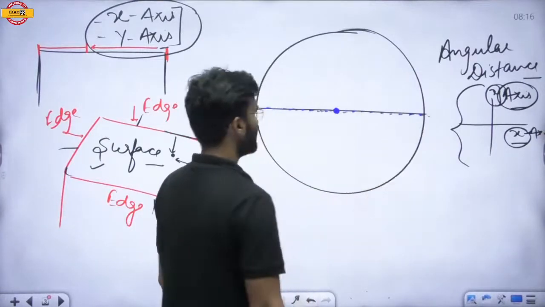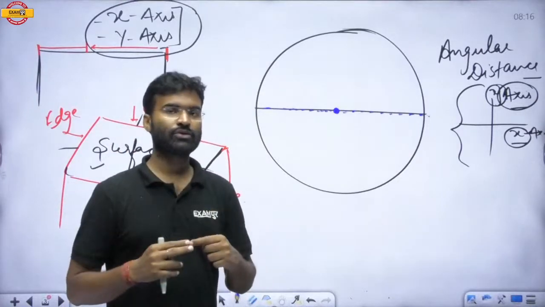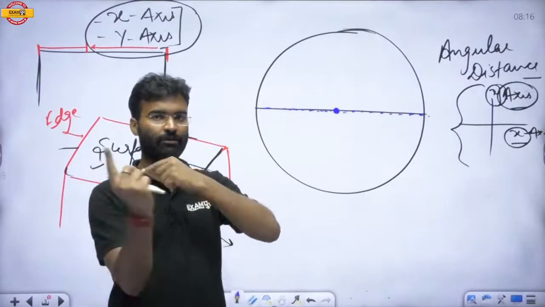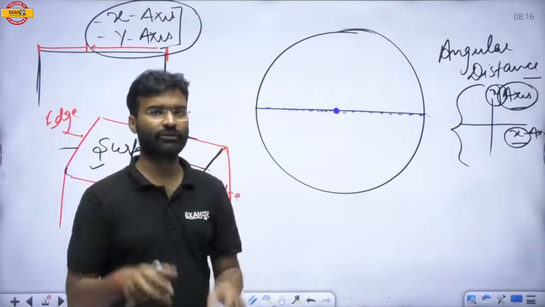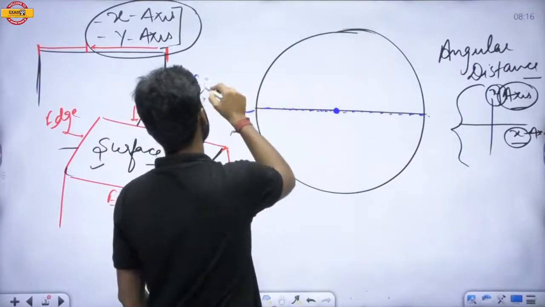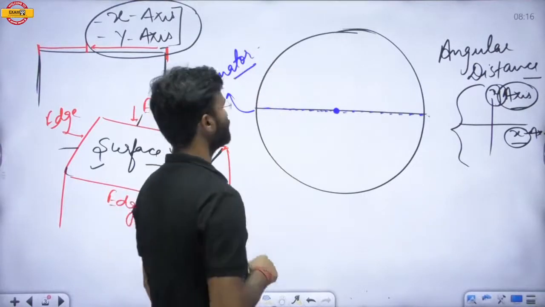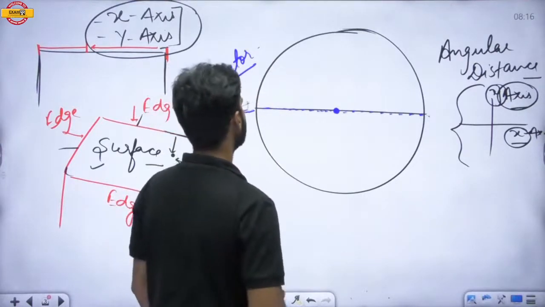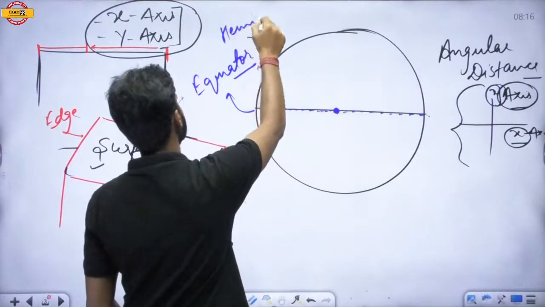This line is located on the surface of the earth, and it is called the equator because it equally divides the earth horizontally into two sections. The northern section is called the northern hemisphere and the southern section is called the southern hemisphere.